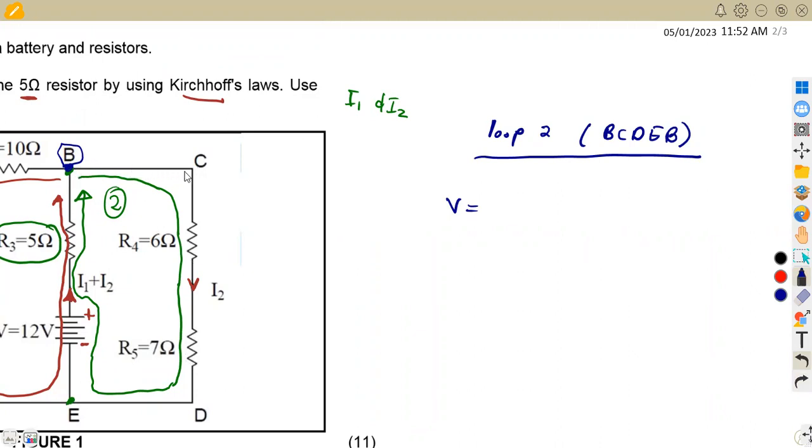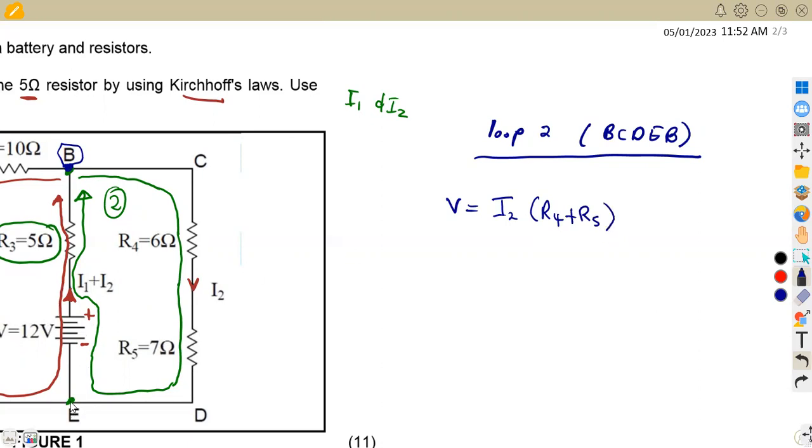It's a series circuit, so the same current flowing from B to C is flowing from C to D and also from D to point E, which is I2. So we are going to have current I2 times the resistance. The resistance affecting this series path from B to C to D to E is two resistors, R4 and R5. So we're going to add these two together, that's R4 plus R5.